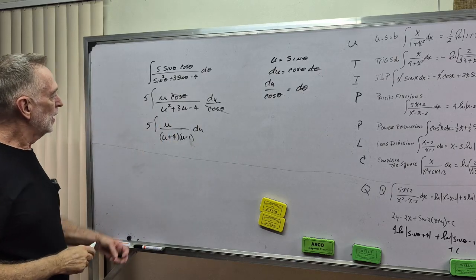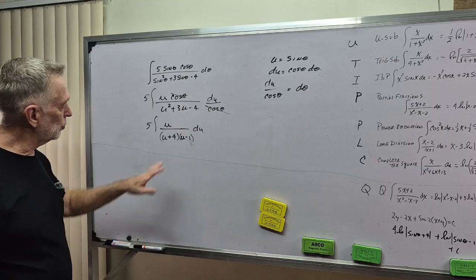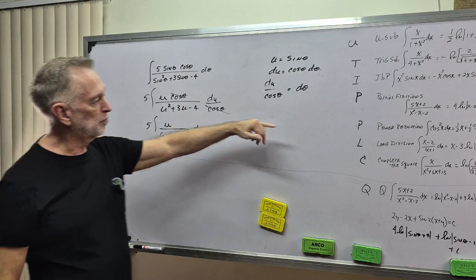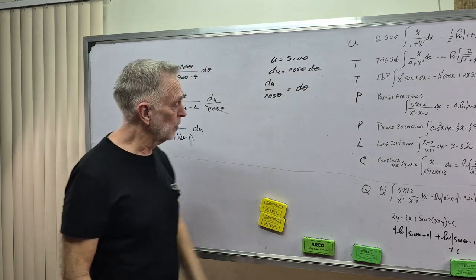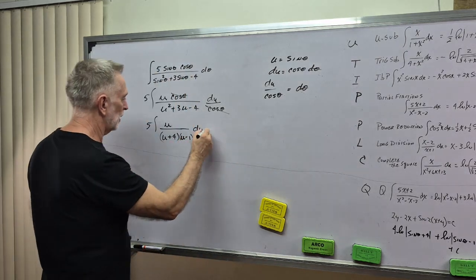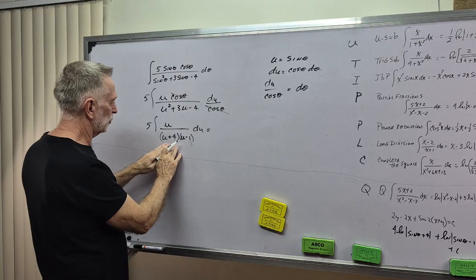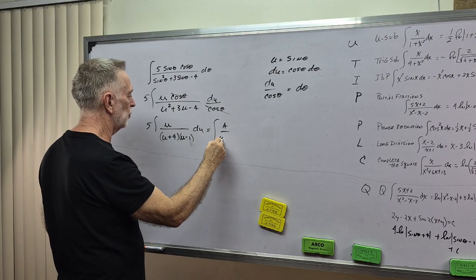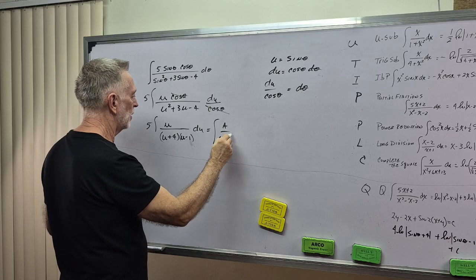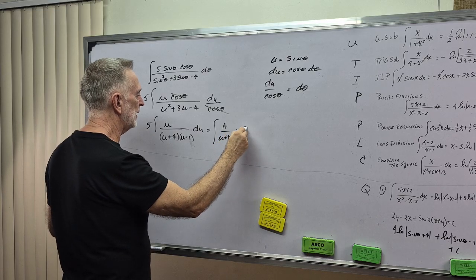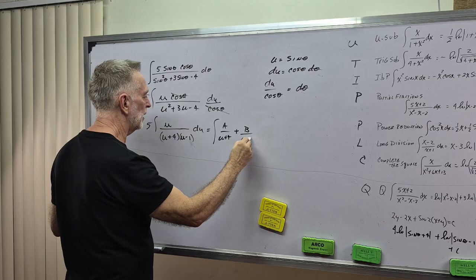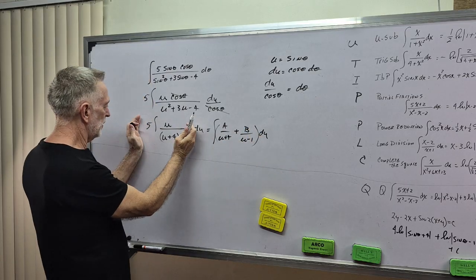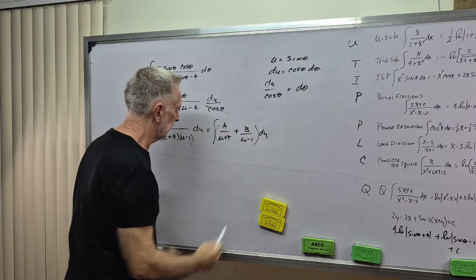Now what tool should we use? I have two fractions, or something that I could use partial fractions on. So I'm going to let this be, in their linear terms, the integral of a over u plus 4 plus b over u minus 1, du. So all of this equals that.